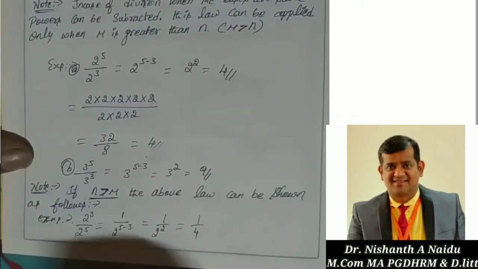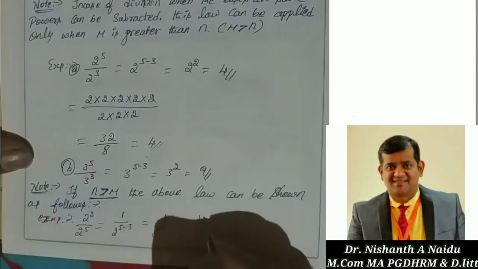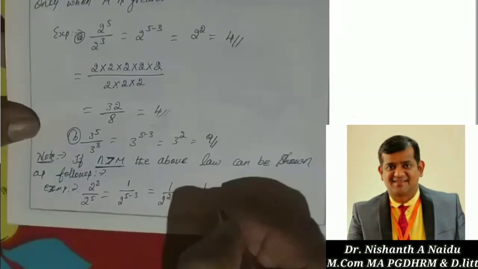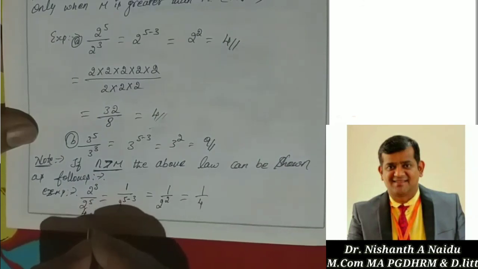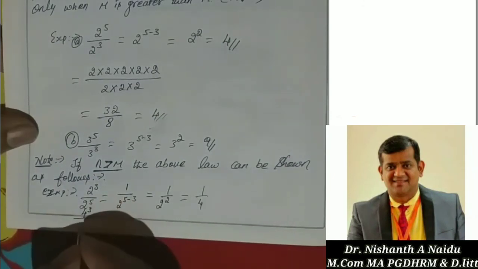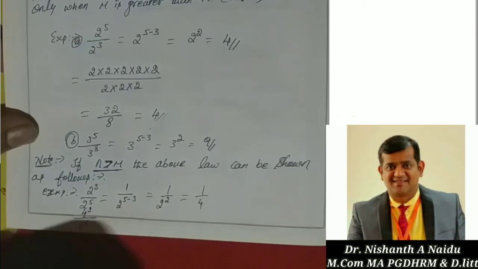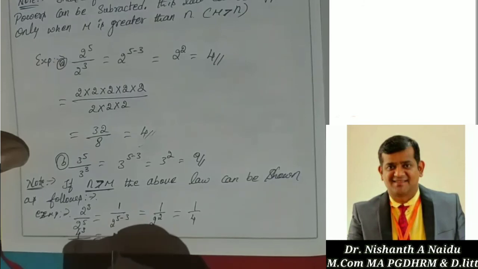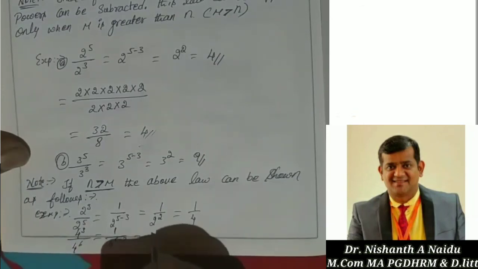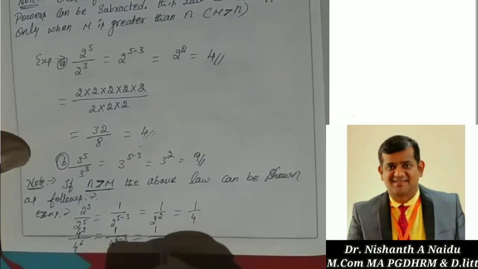Clear? If you want one more example, I'll give one more. Suppose the example is 4 to the power 3 divided by 4 to the power 6. If that is the case, 1 divided by 4 to the power what? 6 minus 3, correct? That comes to 1 divided by 4 to the power 3.